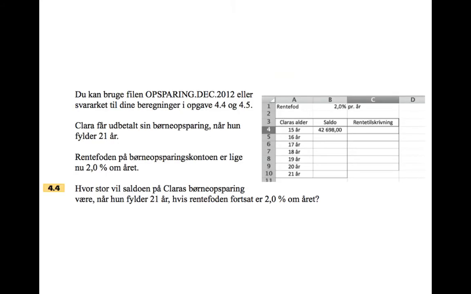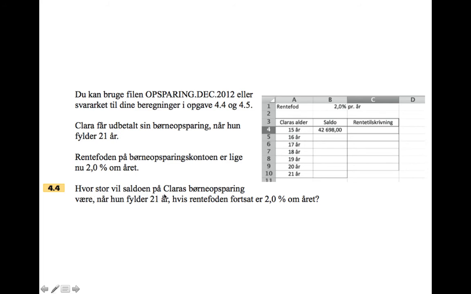Question 4.4, it says you can use a spreadsheet file or the supplementary answer sheet in your calculations for the next 2 exercises. It says Clara gets her child savings paid out when she's 21. The interest on her child savings account at the moment is 2% per year.